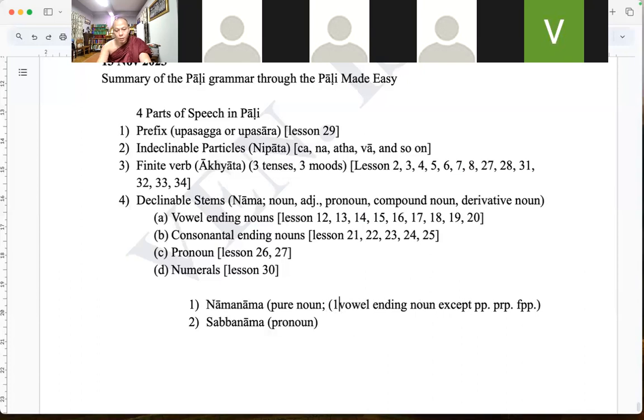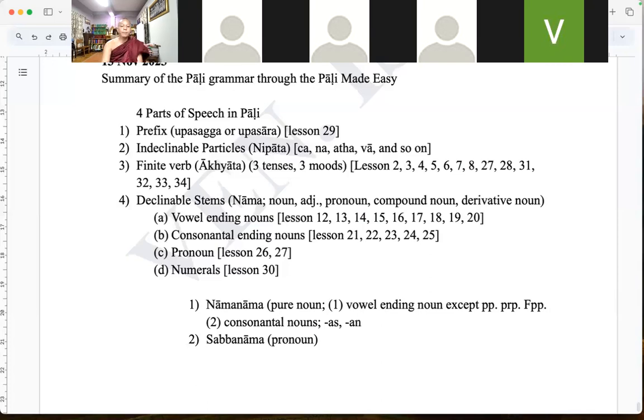So those pure nouns are consonant ending nouns, those ending in the r's and the ending in the an.